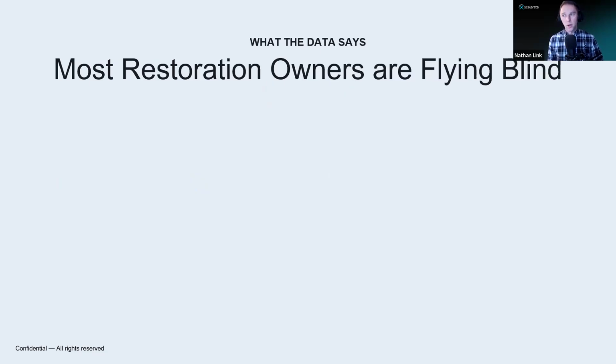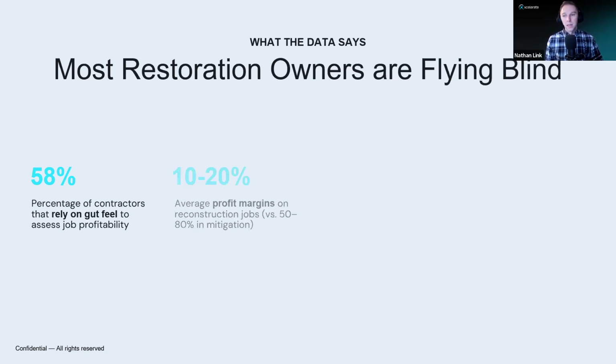Some of the numbers on restoration owners who are essentially flying blind: 58% of restoration business owners are relying on gut feel to determine whether a job is profitable, which is crazy, but that's still the way a lot of the world operates, because there's just not enough visibility to have the data and be confident about it. The average margin for a rebuild job is 10 to 20%, compared to 50 to 80% on mitigation.